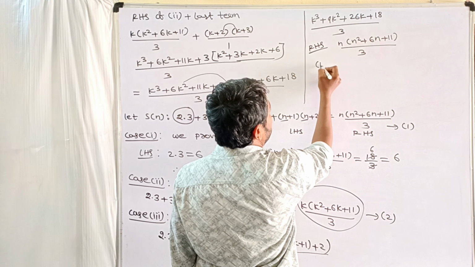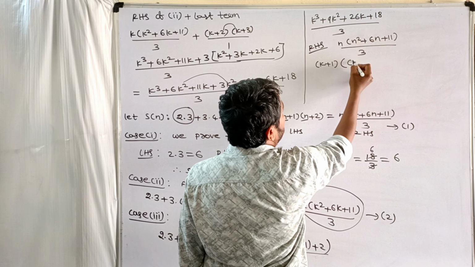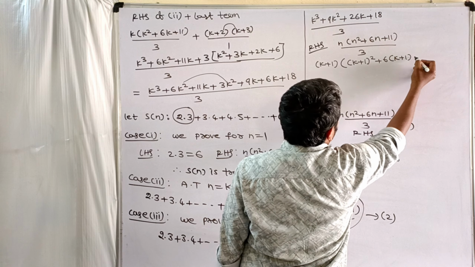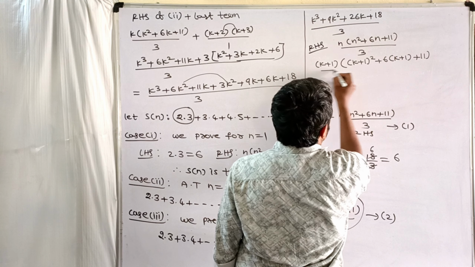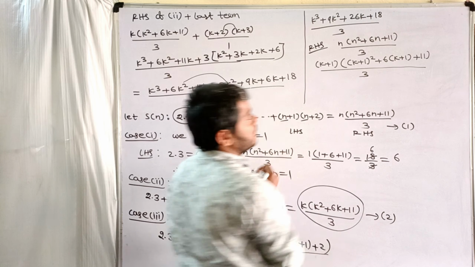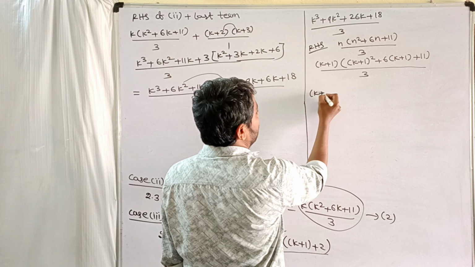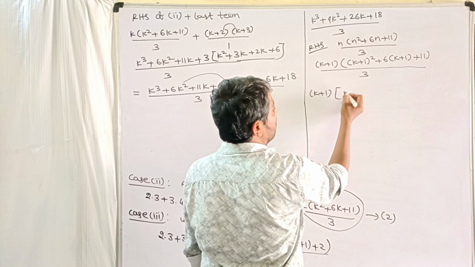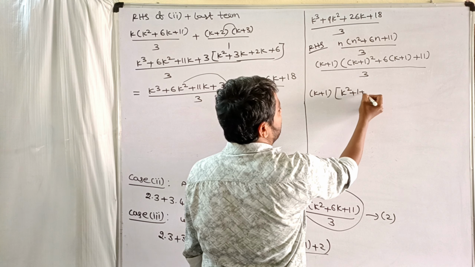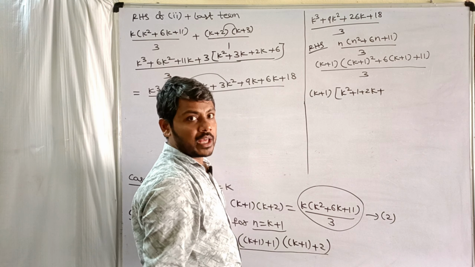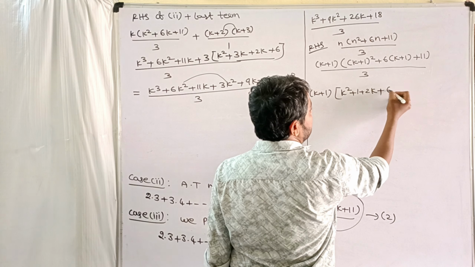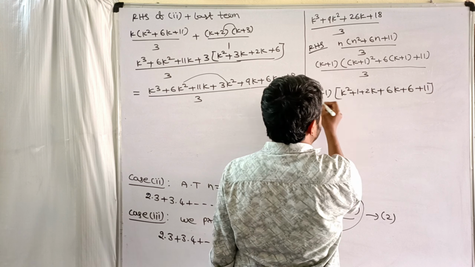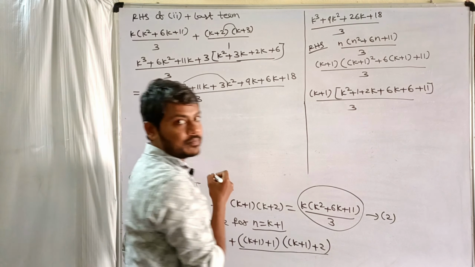That is k plus 1 into k plus 1 whole square plus 6 times of k plus 1 plus 11 divided by 3. So here which is k plus 1 into, we can simplify this. A plus b whole square, that is k square plus 1 plus 2k, and multiplying with 6, 6 into k, 6k plus 6 into 1, 6 plus 11, which is divided by 3.